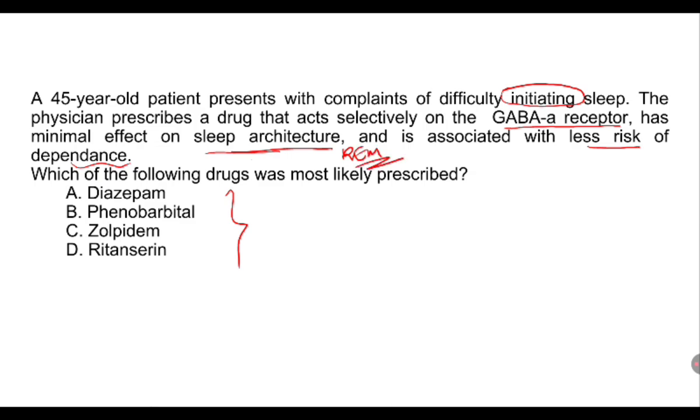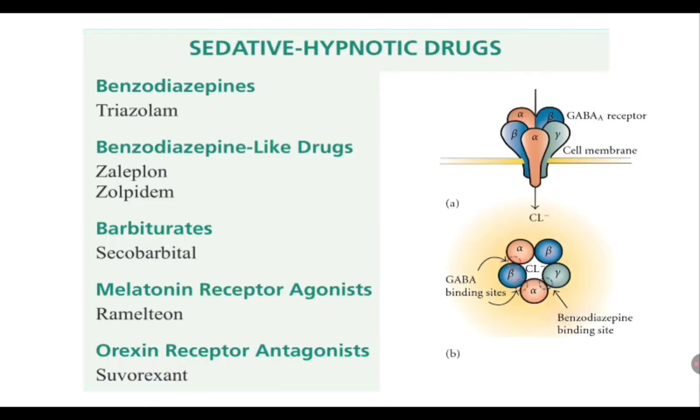Now coming to the drugs used as sedative hypnotics, this is the classification: benzodiazepines, benzodiazepine-like drugs, barbiturates, melatonin receptor agonists, and orexin receptor antagonists. Among benzodiazepines, the short-acting ones used as sedative hypnotics are triazolam and midazolam.